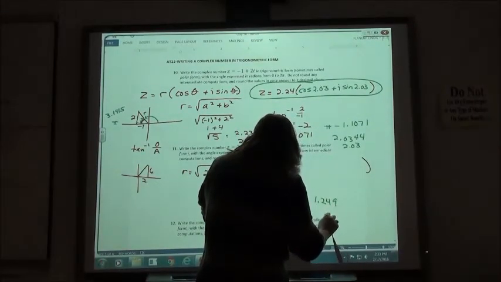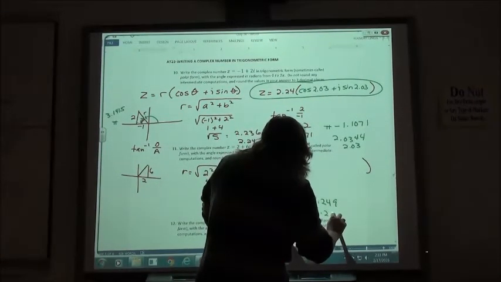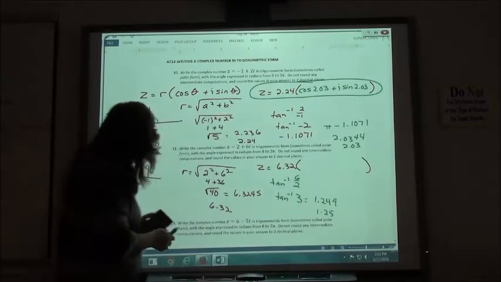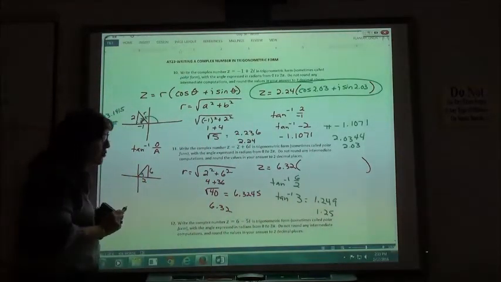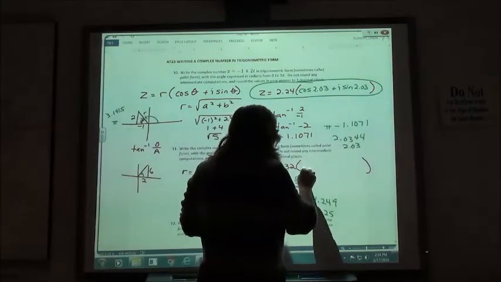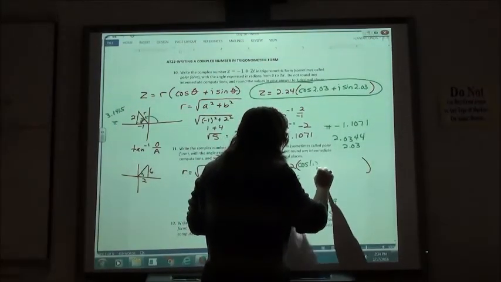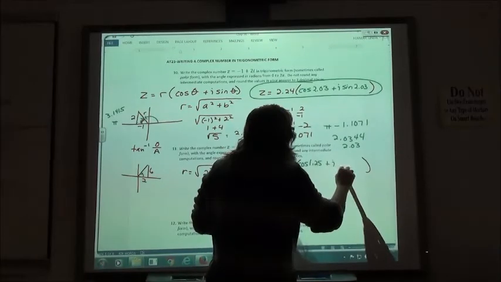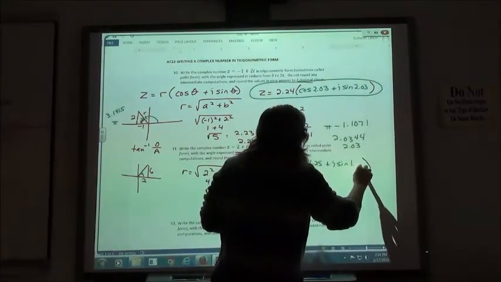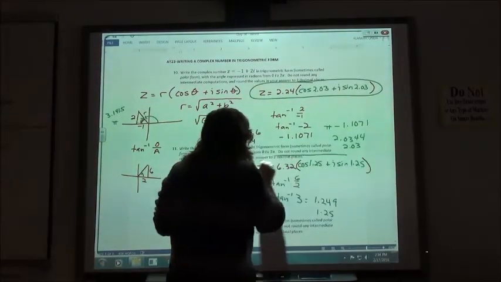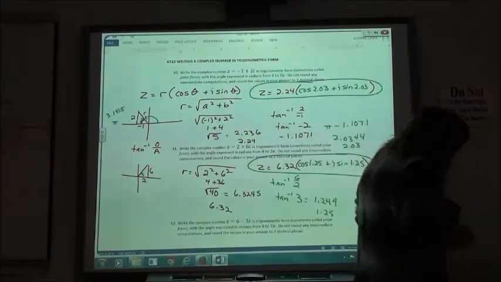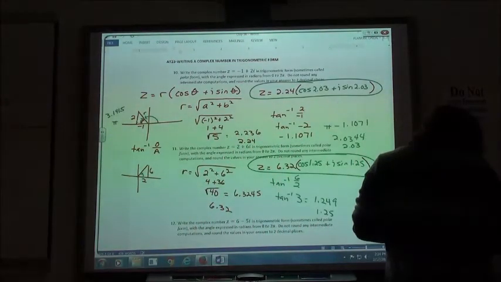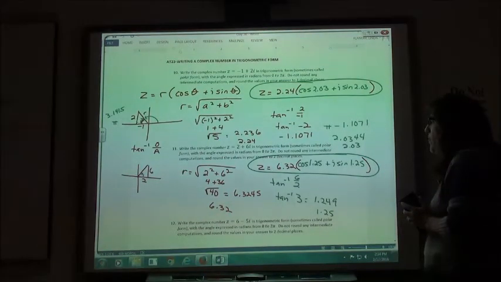Rounding that off, I would use 1.25. That is positive, and notice I'm in quadrant 1, so that is the angle that I want. So I'm going to have the cosine of 1.25 plus i sine of 1.25. And so z is equal to 6.32 times cosine of 1.25 plus i sine of 1.25.